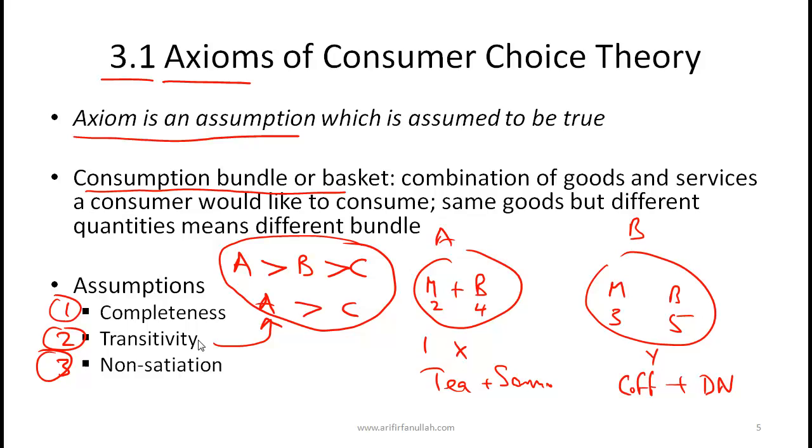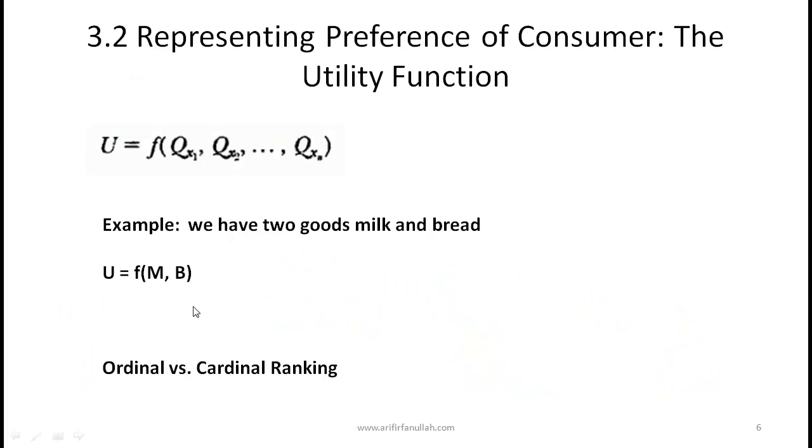Okay, next in section 3.2 we talk about representing the preference of the consumer through what's called a utility function. So a utility function measures the happiness level or the utility that a consumer derives from a given basket. And mathematically, the utility is a function of the different items and the quantity of those items.